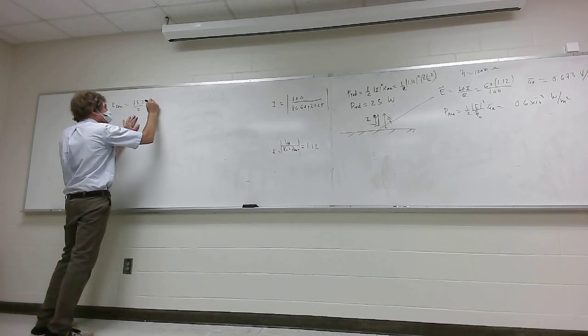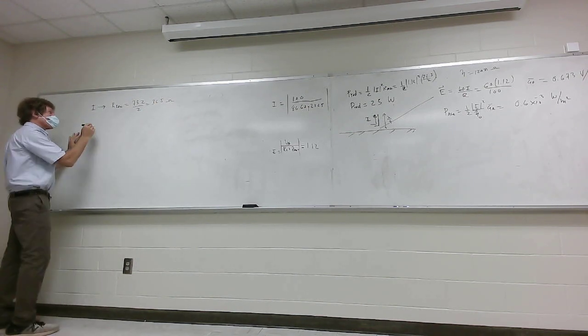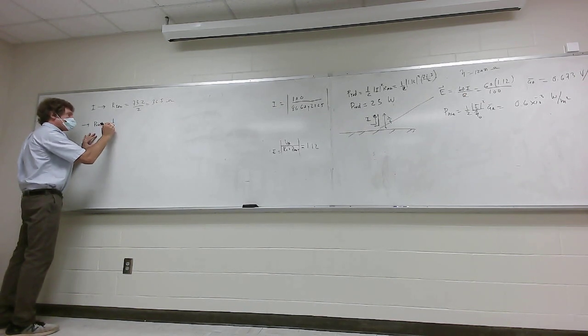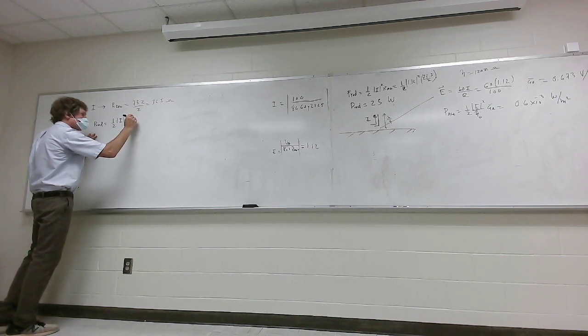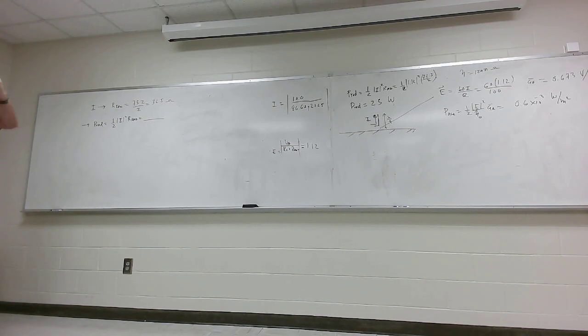That's roughly 36.5 ohms, right? Now we find the total power radiated. That's 1/2 magnitude of I squared times R rad. We'll get that, and we have that down there at 23 watts.